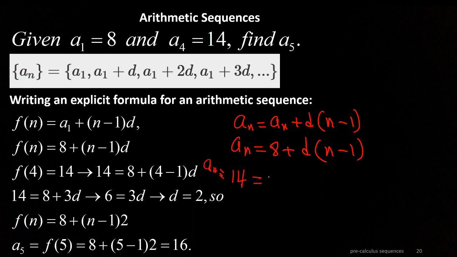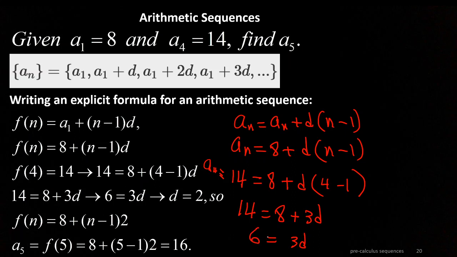which is equal to 8 plus d times what? Well, you remember it's A sub 4, so n has to be 4. So that means 14 is 8 plus 3d, right? So 3d has to be 14 minus 8, which is 6.